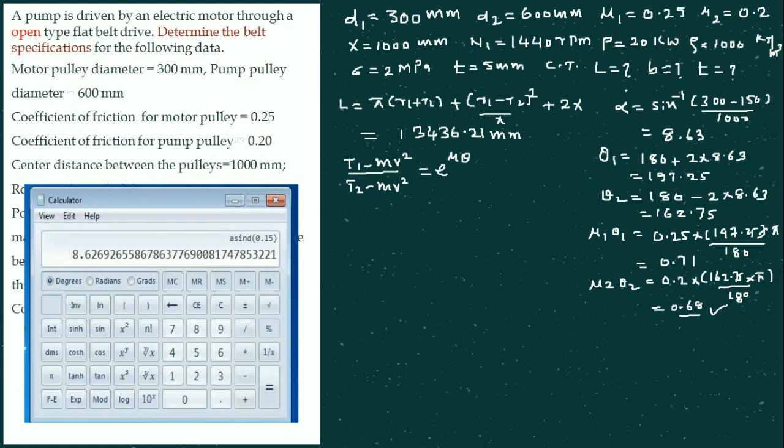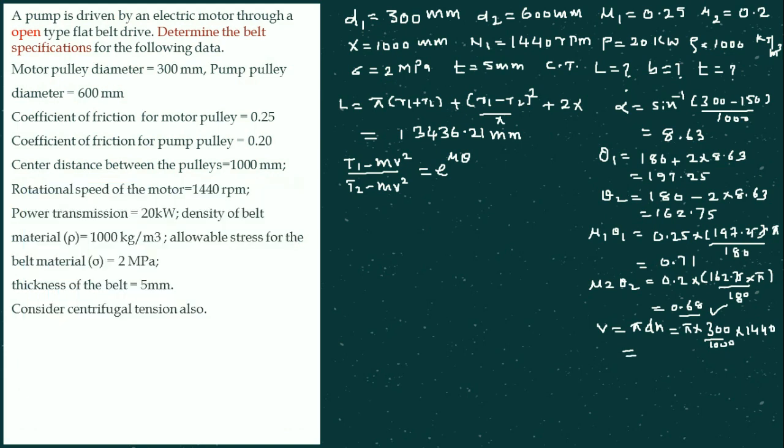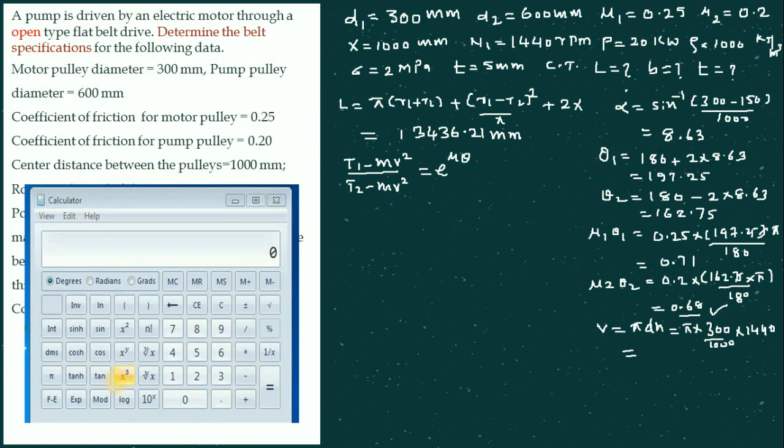So in order to calculate the width, we need to calculate the velocity also. So we know the velocity is pi D N. In this case it is pi into 300 divided by 1000 and multiplied by 1440. So let's calculate the velocity.